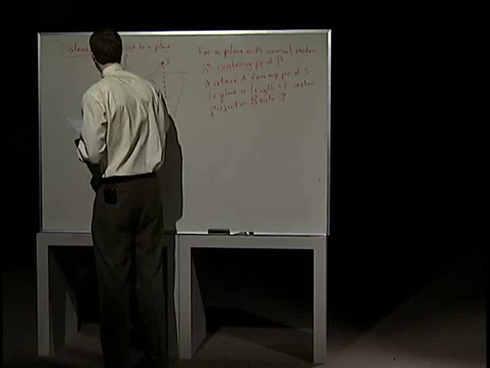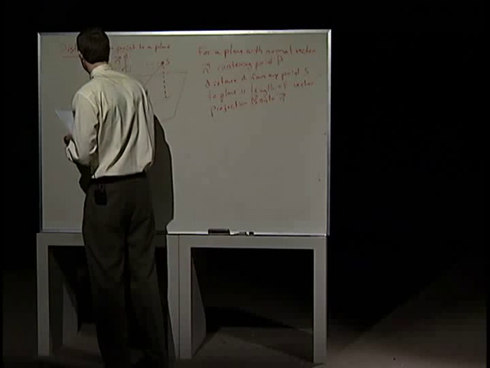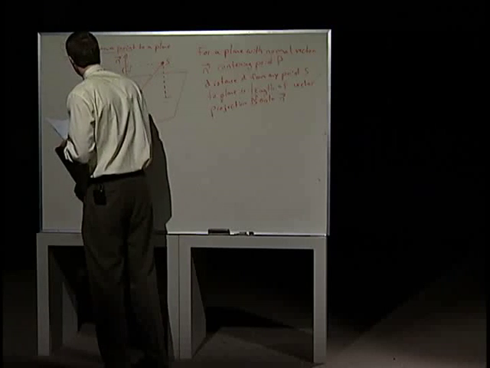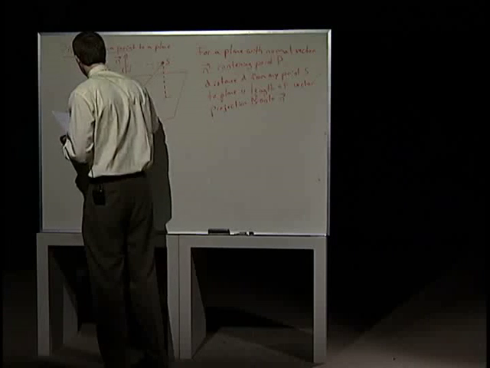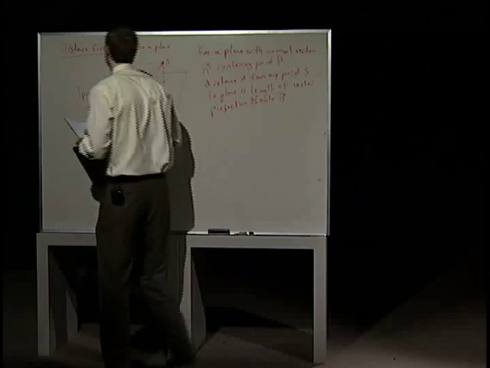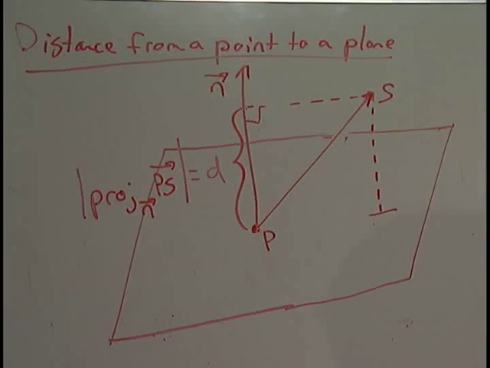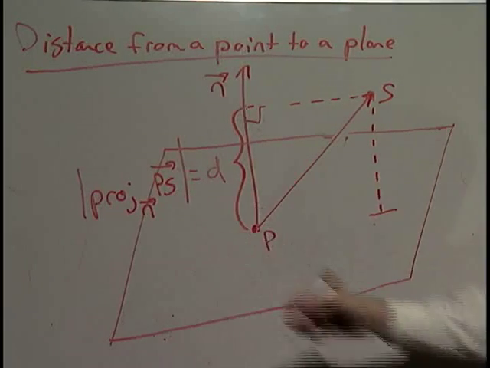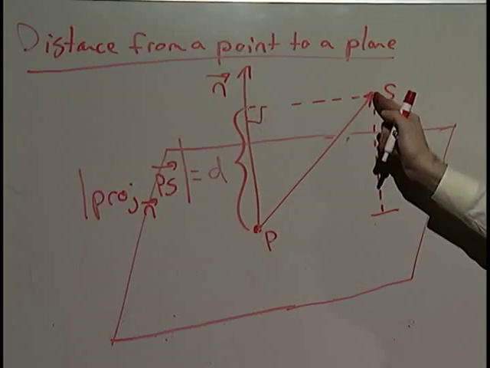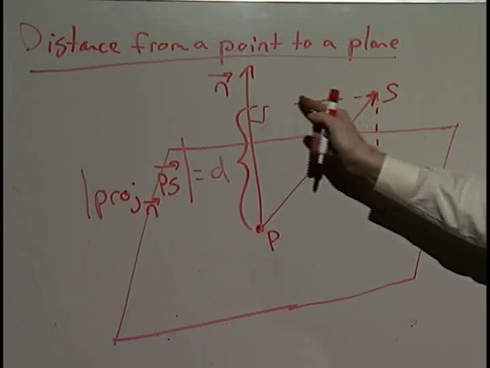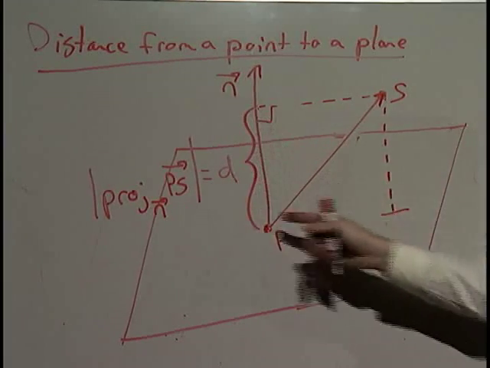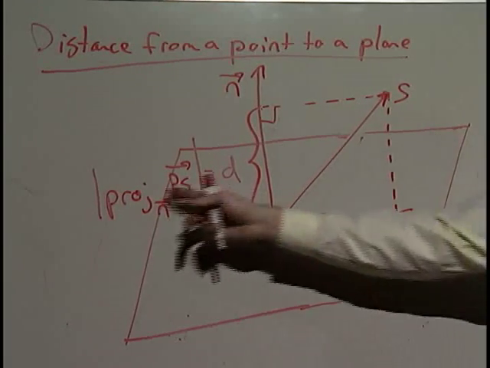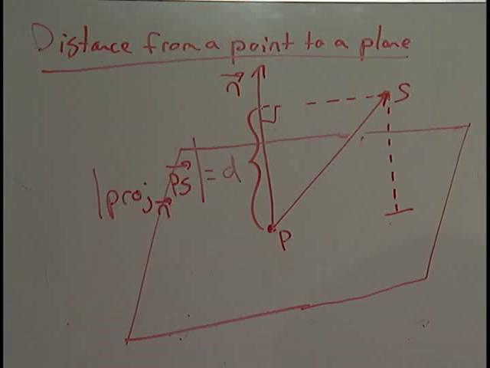So this is d, and this is the length of proj sub n PS, the length of the vector projection of PS onto n. Here's vector PS. We're dropping this perpendicular down from PS to n, and that vertical length, same thing as over here, is the length of that projection vector, okay?